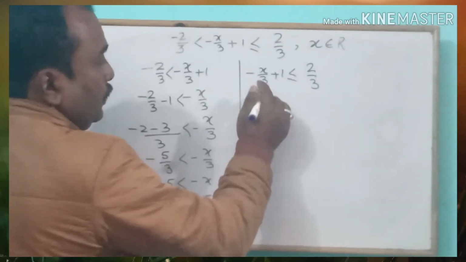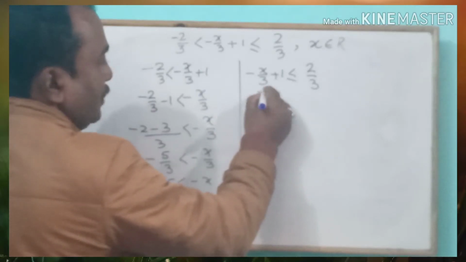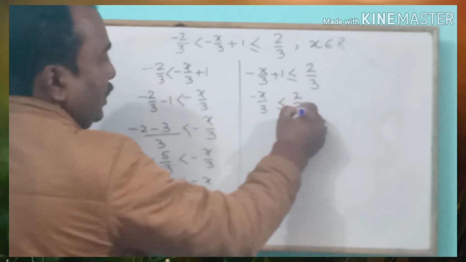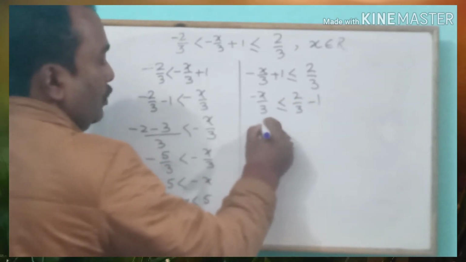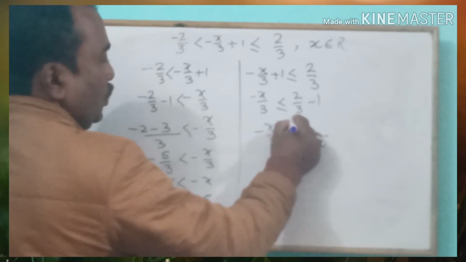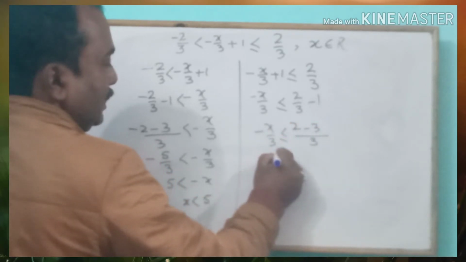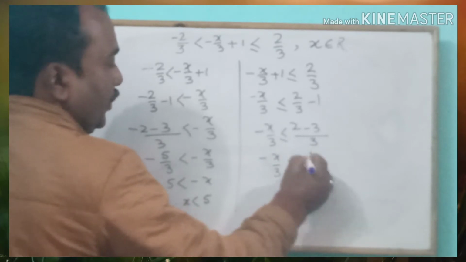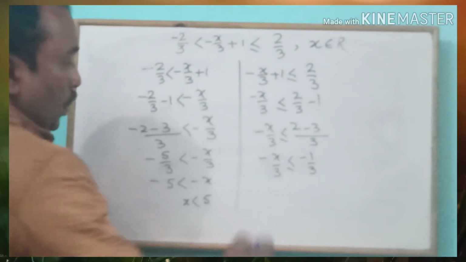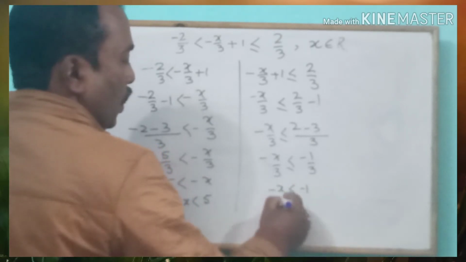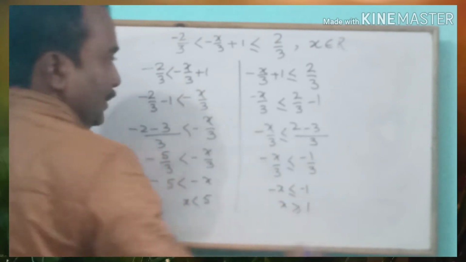On this part, we get minus x by 3 is less than or equal to 2 by 3 minus 1, or minus x by 3 less than or equal to 2 minus 3, or minus x by 3 is less than or equal to minus 1 by 3, or minus x is less than or equal to minus 1, or x is greater than or equal to 1.